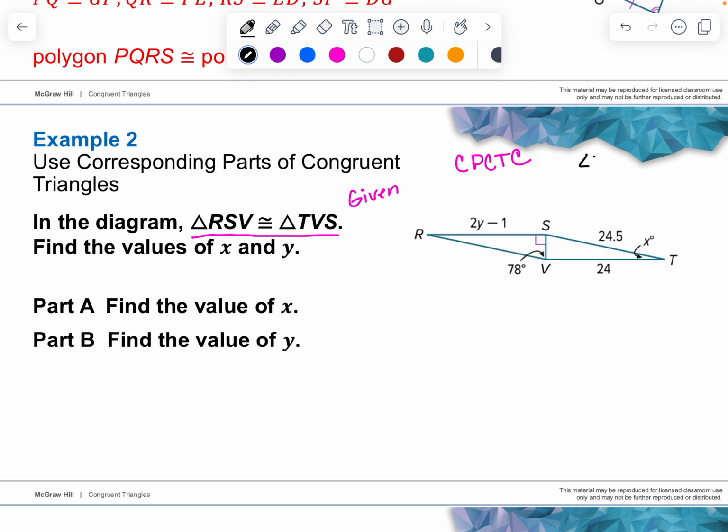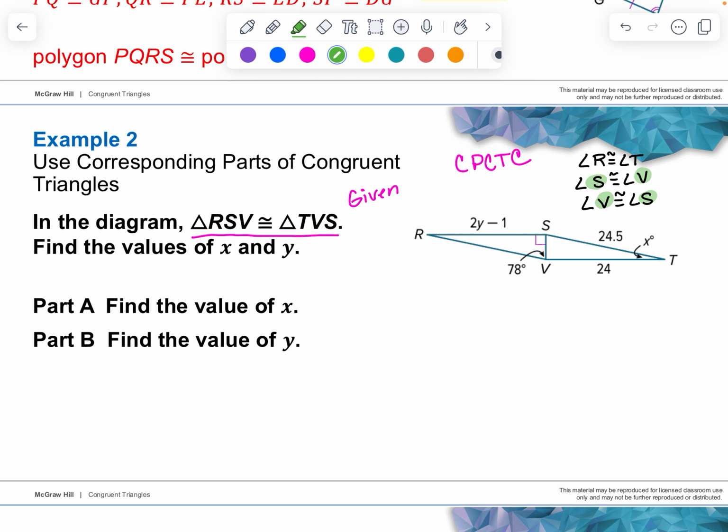We know that angle R is congruent to angle T. Angle S is congruent to angle V. And then angle V is congruent to angle S. Now that's confusing. That's confusing because S is here and S is there and V is here and V is here.